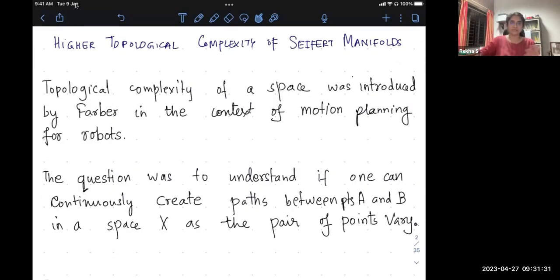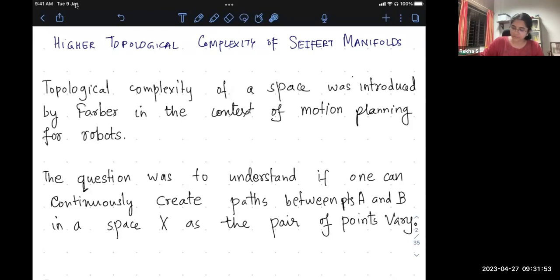Okay, so topological complexity of a space was introduced by Farber in the context of coming up with motion planners for robotic movements. And the idea was to understand if one can continuously create paths between a pair of points, A to B, as A, B keep varying.